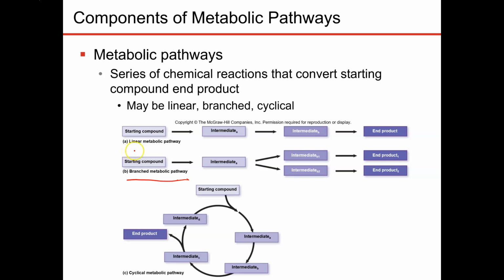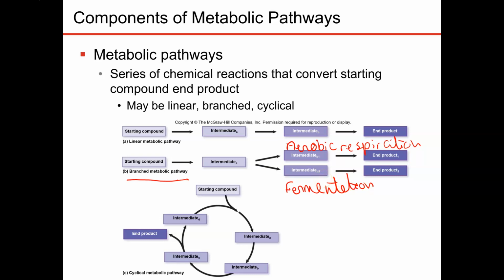So you have glucose, and then glucose is converted into some substance, like glucose 6-phosphate. And then it is broken into pyruvate. The pyruvate can go into aerobic respiration up here, or it can go into fermentation. So that would be a branched pathway.